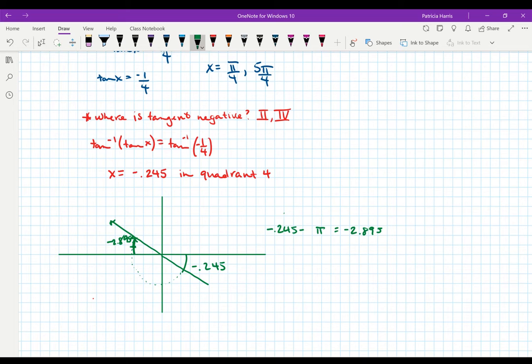Okay? But I could also do this. I could go this way, right? So how would I get the positive version of that? How would I do that? Well, it looks like I could add pi too.